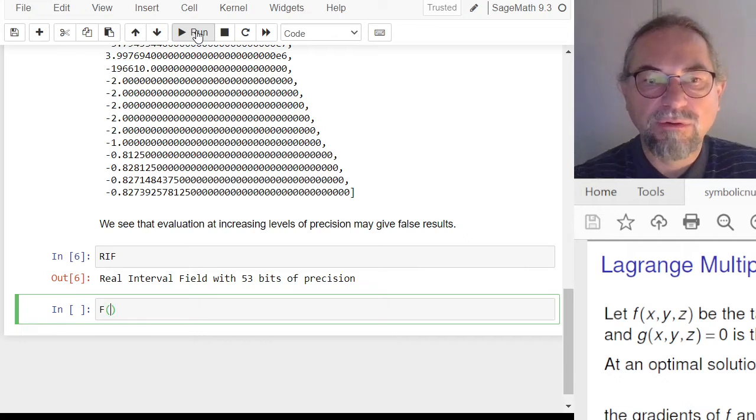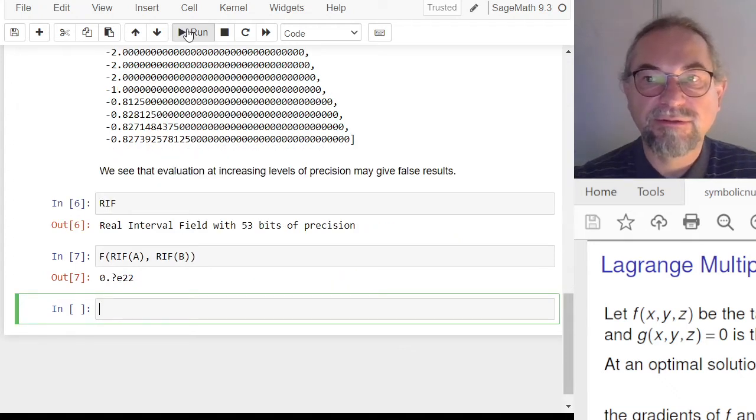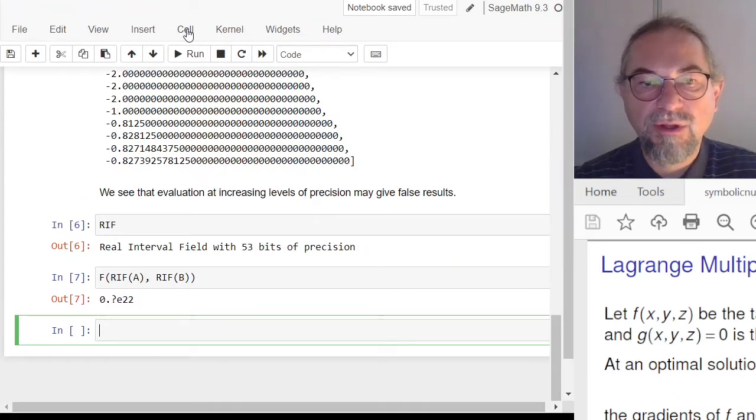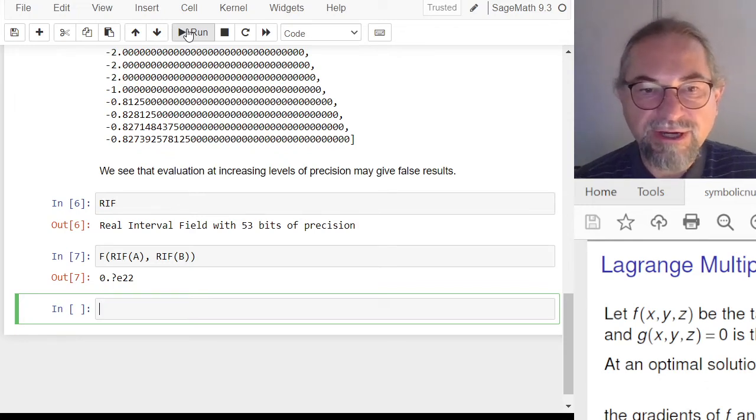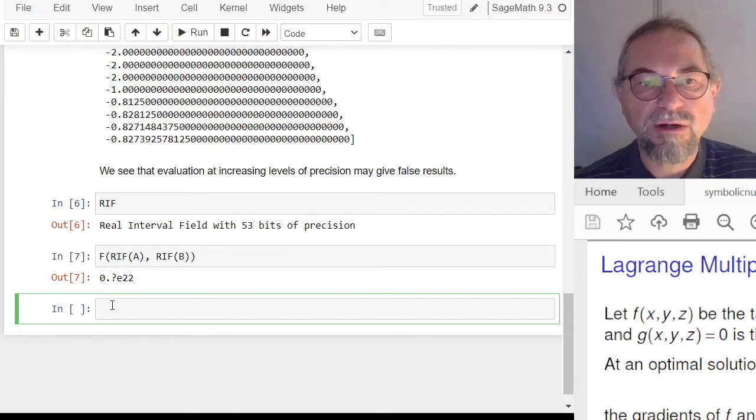By default, it is with 53 bits of precision, which corresponds to the standard double float. So what you see is that when I do this, the result looks rather strange, but observe the exponent.